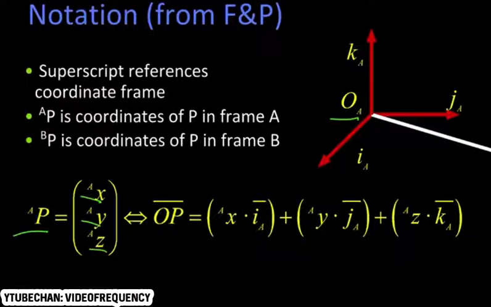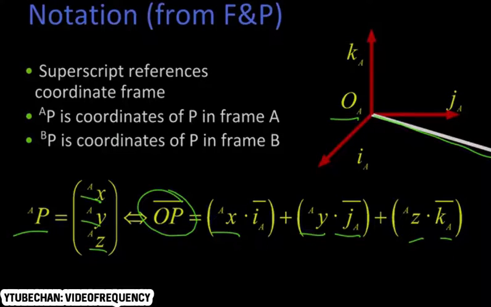But if you remember a little bit from your algebra, calculus, the right way of thinking about the vector that goes from the origin to P, that's this vector here, is it's got the i component of the amount x_A, the j component of the amount y_A, and the k component of the amount z_A. So a vector is actually the sum of these 3 components, the i component, j component, k component, each scaled by the coefficients x in A, y in A, z in A.